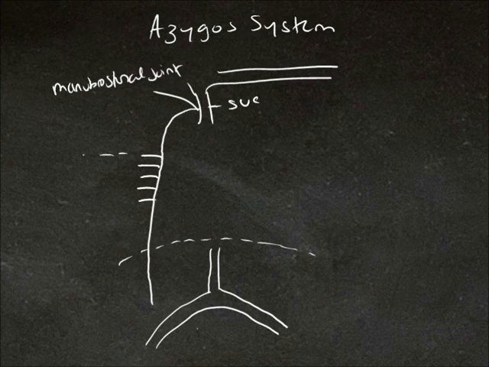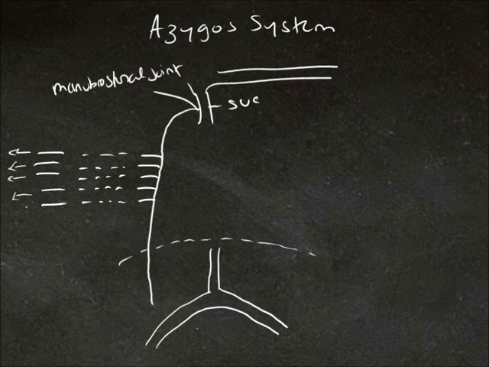Posterior intercostal veins anastomose with the anterior intercostal veins, which feed into the internal thoracic vein, which feeds into the brachiocephalic vein.